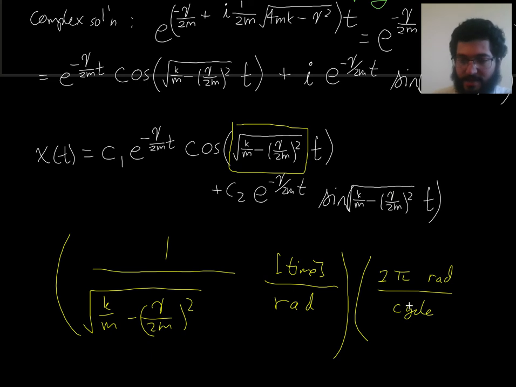There are 2 pi radians in a cycle. So 2 pi divided by this number, that's the period.